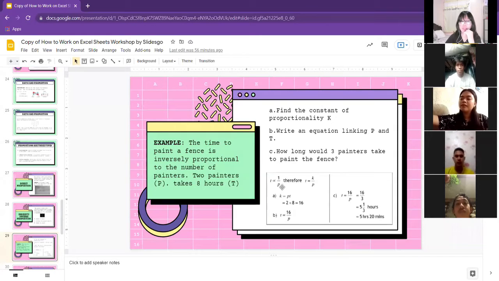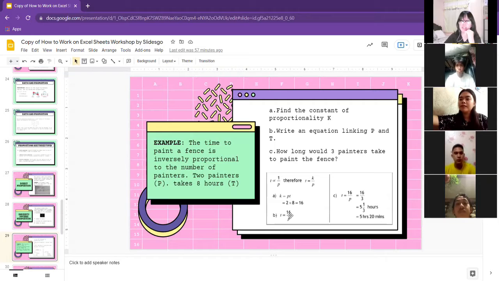If we simplify it to the indirect equation, yung k yung hahanapin natin. So the equation would be k equals p times d. So yung p, it will be the two painters. So 2 times 8, the hours of those two people painting the fence. So 2 times 8 is equal to 16.